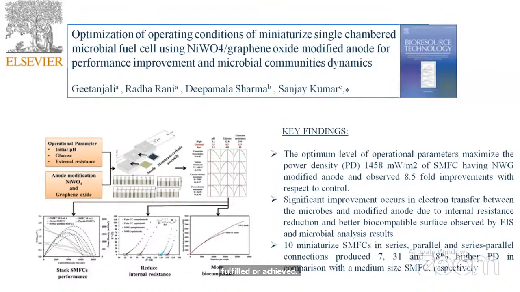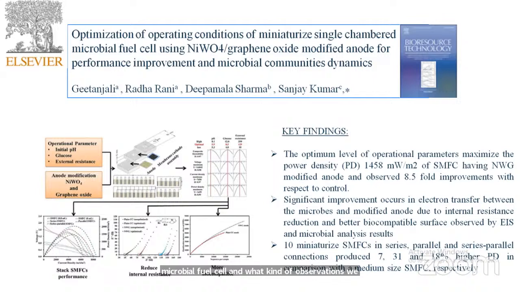So now I'll focus more on what work we have done in our lab with respect to the modification of electrodes in a microbial fuel cell and what kind of observations we have achieved.